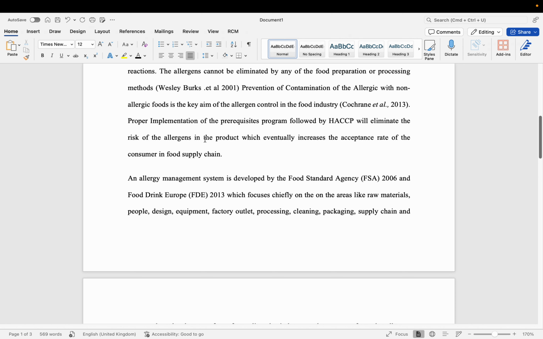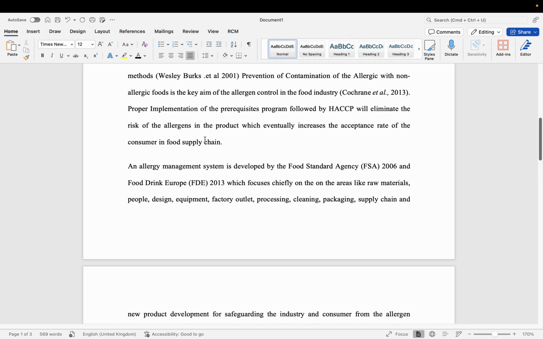For proper implementation of GMP, the allergens need to be controlled in the food processing environment.